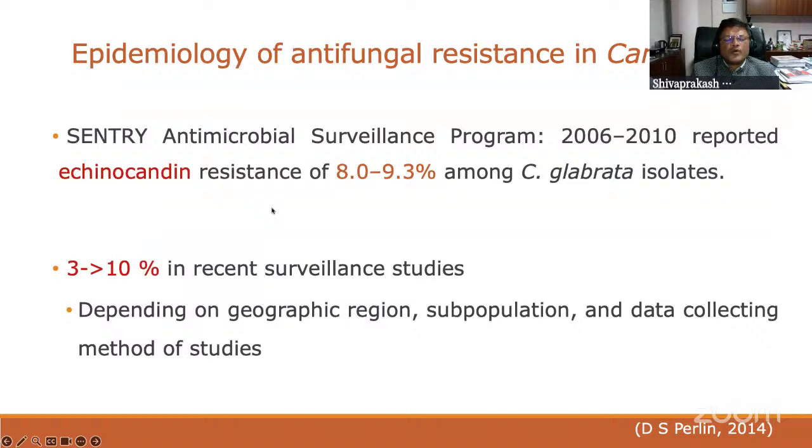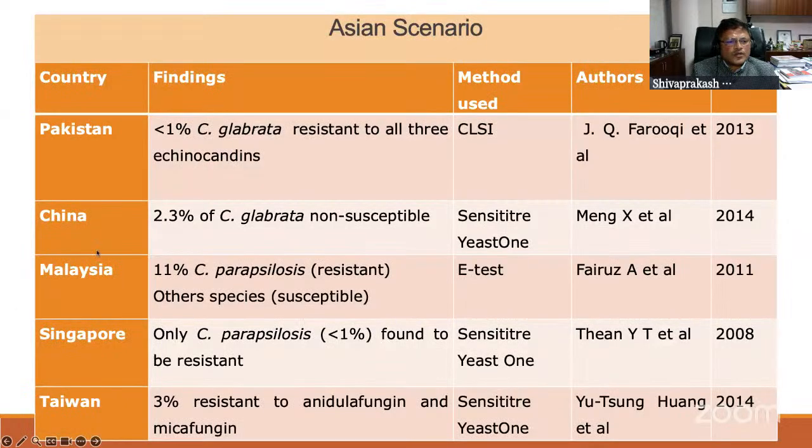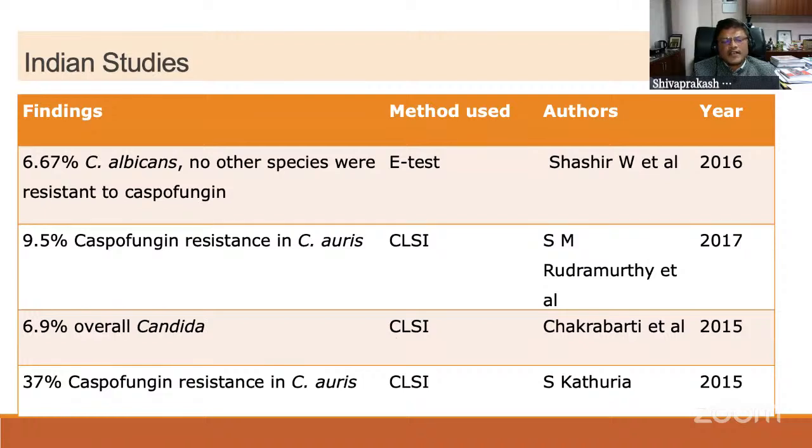Again, we do have azole resistance as well as echinocandin resistance, but it is very, very less compared to azole resistance. Earlier it was about 8.0 to 9.3, and nowadays it is increasing to some extent. This is data from Southeast Asia. We do have an Indian study, which is one of the important studies done in an ICU.